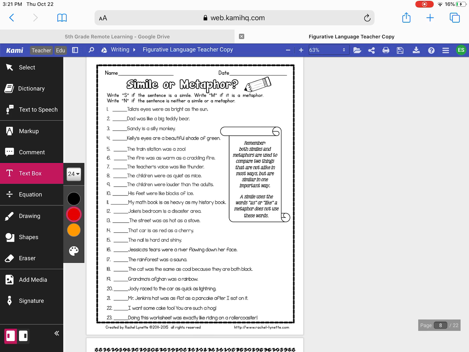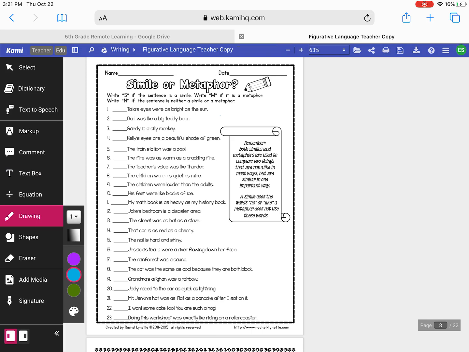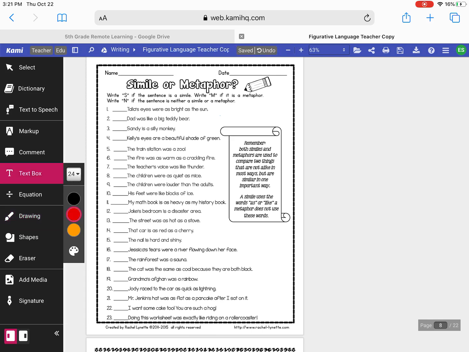So you're still comparing two things. However, similes use like or as. So it says write S if the sentence is a simile, write M if it's a metaphor, write N, oh snap, crackle, pop, they put an N in there, if the sentence is neither a simile or a metaphor. So if it's neither, you're not comparing. I'm going to write that down here. If you're not comparing something, it's an N.